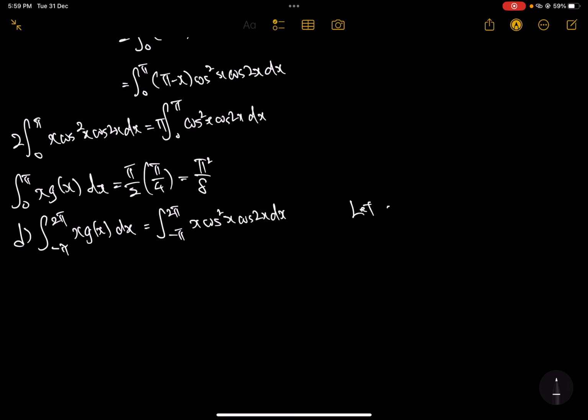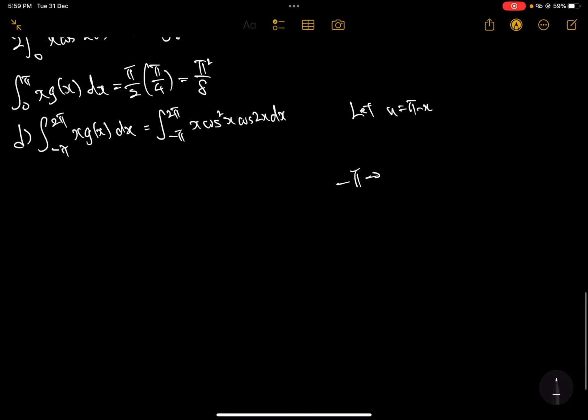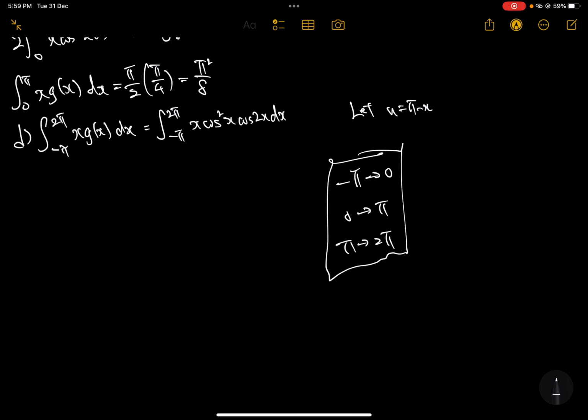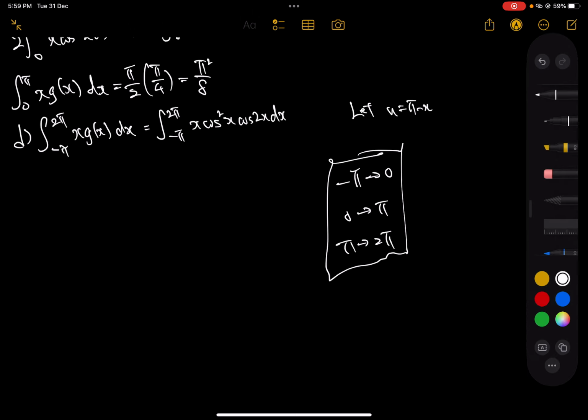We could use literally the same substitution. You could think of it as 3 sections of the same thing, but I really want to make this extremely clear because from negative pi to 0, and then from 0 to pi, and then from pi to 2 pi is the same thing.